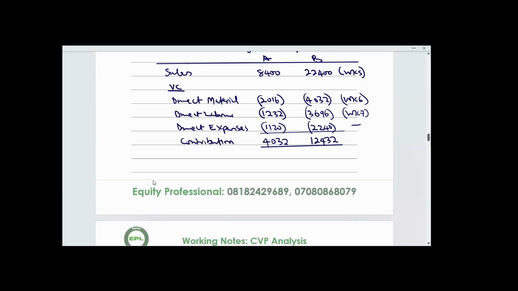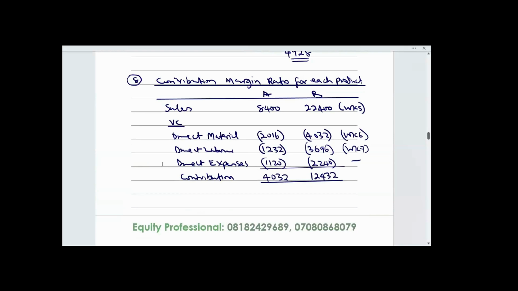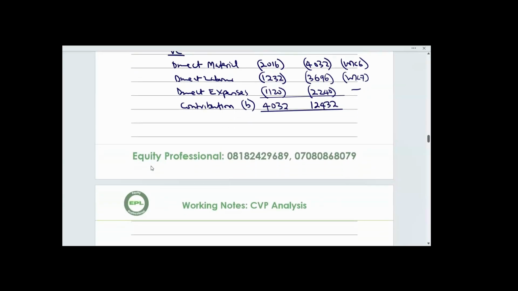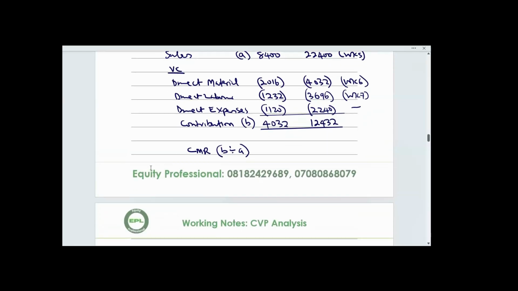So now that you have the contribution margin, let's say sales is A and contribution margin is B. We need to calculate contribution margin ratio, which is B over A, that is contribution divided by sales. So I have 12432 on my calculator divided by 22400.